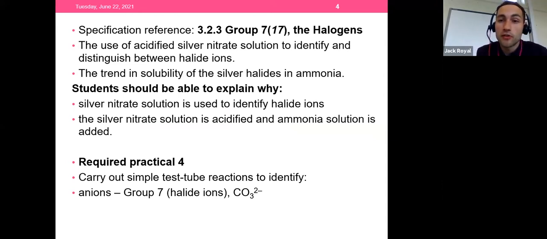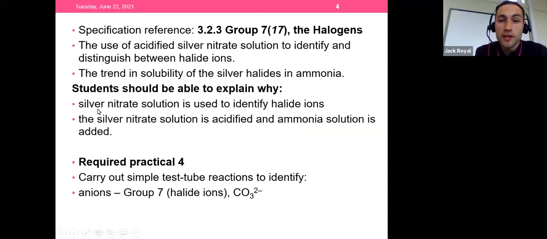I've copied this directly from the specification so you can see what is expected of you at A-level. We're going to go through those test tube reactions. I'm going to play you a short video shortly, and then I'm going to give you an unknown compound and ask you to try and deduce what it is, and work out what that compound contains.